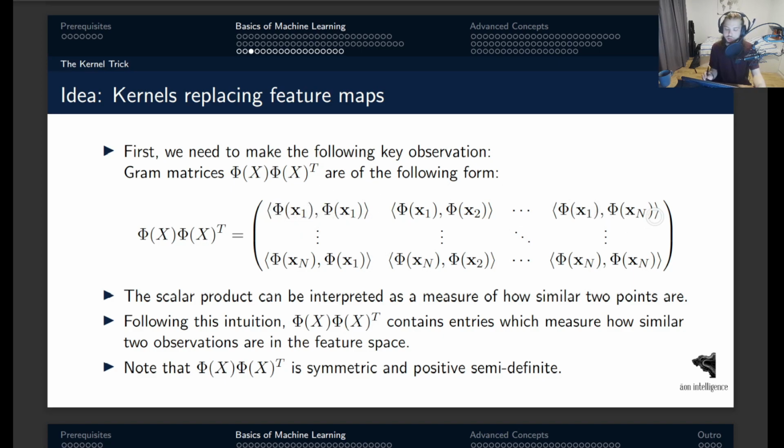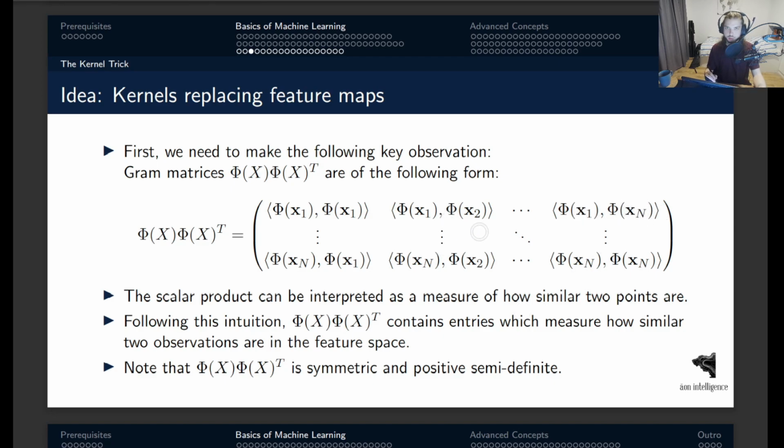The first row of this Gram matrix contains all possible inner products involving the first feature mapped observation as the first argument. So we have the inner product between phi x1 and phi x1. Then we have the inner product between phi x1 and phi x2, and so on, until we reach the final entry, which is the inner product between phi x1 and phi xn.